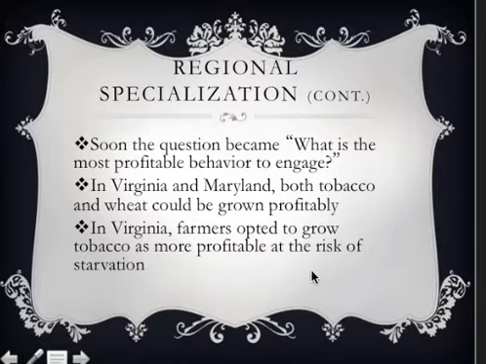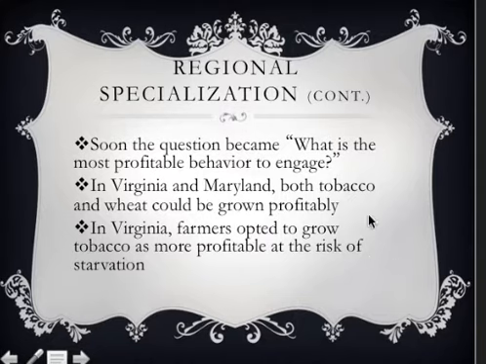These individuals could have grown either tobacco or wheat profitably, but they decided that the highest profit margin that they could get was in the production of tobacco. So they would actually risk starvation, the fact that they would not produce enough foodstuffs. They used those lands that they could have produced wheat on to grow tobacco.